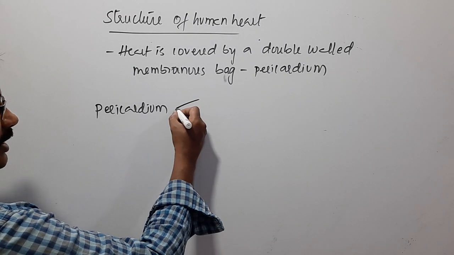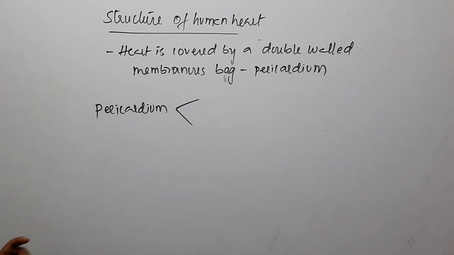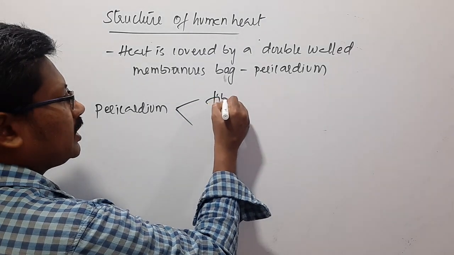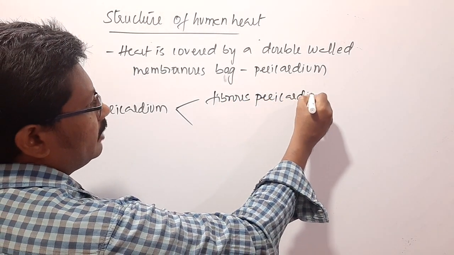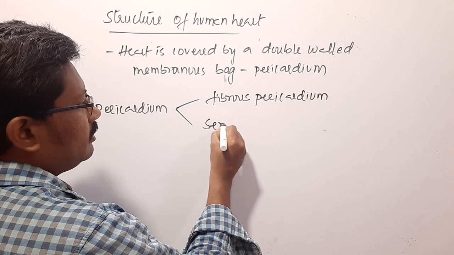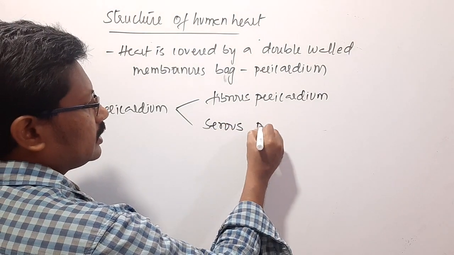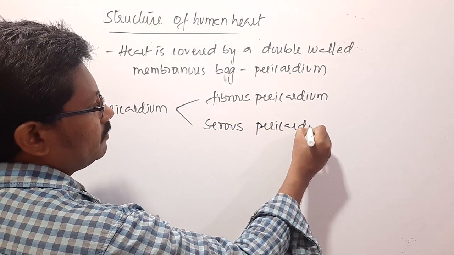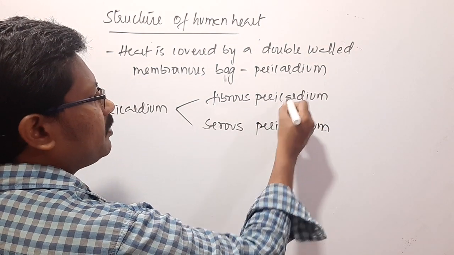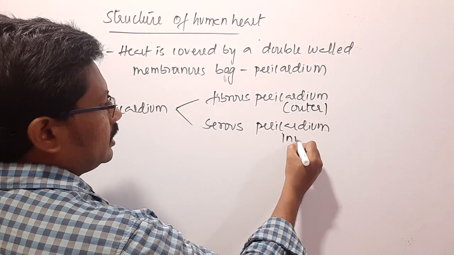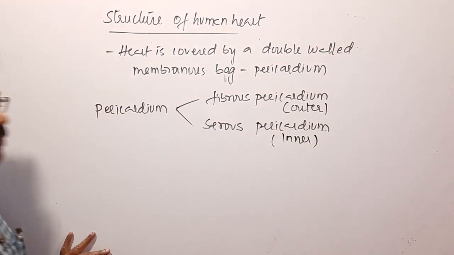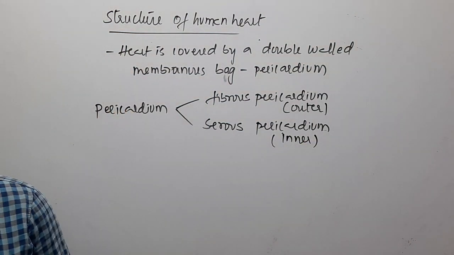As I said, it is double layered. So I'm going to tell you those two layers. One is the fibrous pericardium, and another one is the serous pericardium. This fibrous pericardium is the outer layer, whereas the serous pericardium is the inner layer.